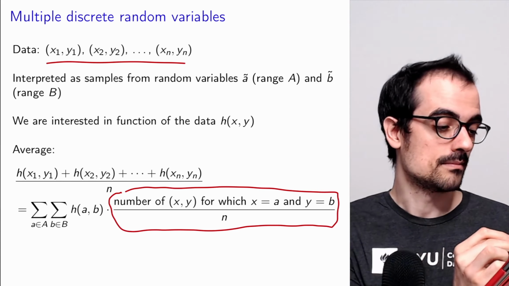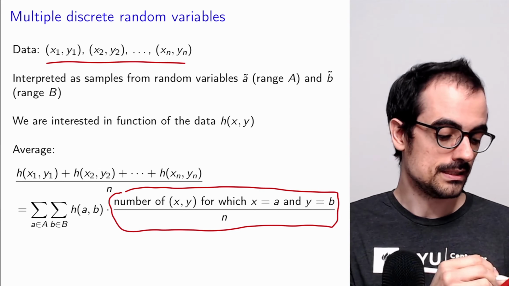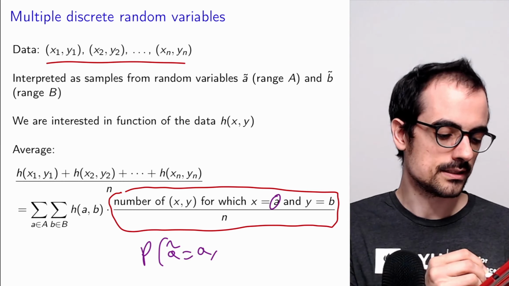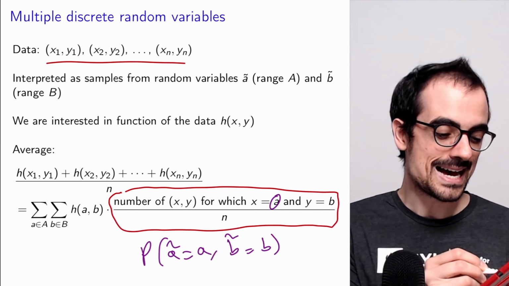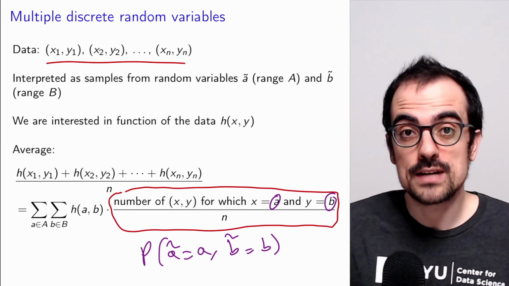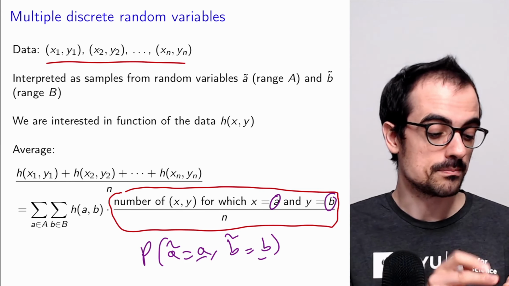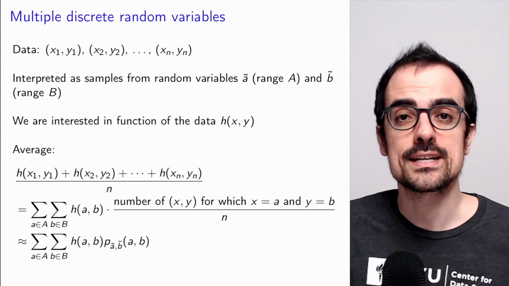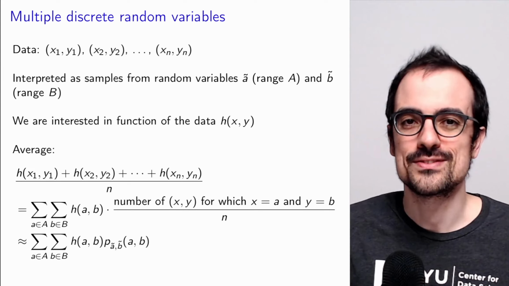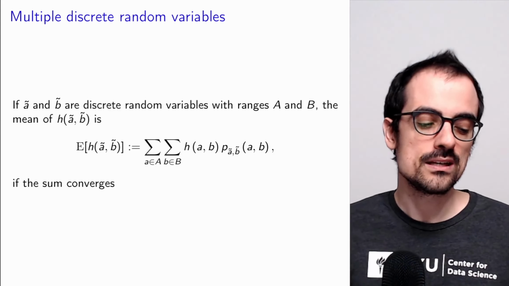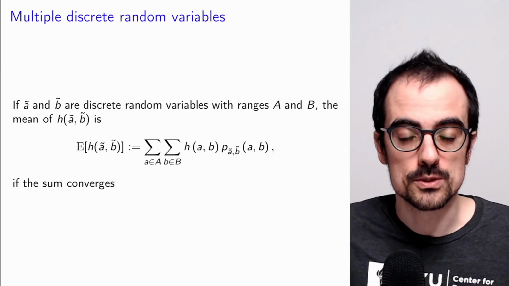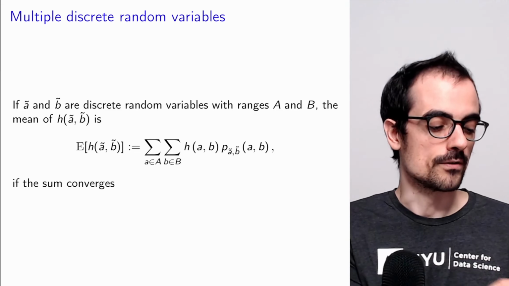This is just the probability that the first random variable is equal to this value and the second random variable is equal to this value at the same time. That is given by the joint PMF of the two random variables evaluated at this pair of values. So now we have an expression for the average we're interested in, in terms of the joint PMF of the two random variables. And that's how we define the mean or expected value of a function of two random variables, again, if the sum converges.